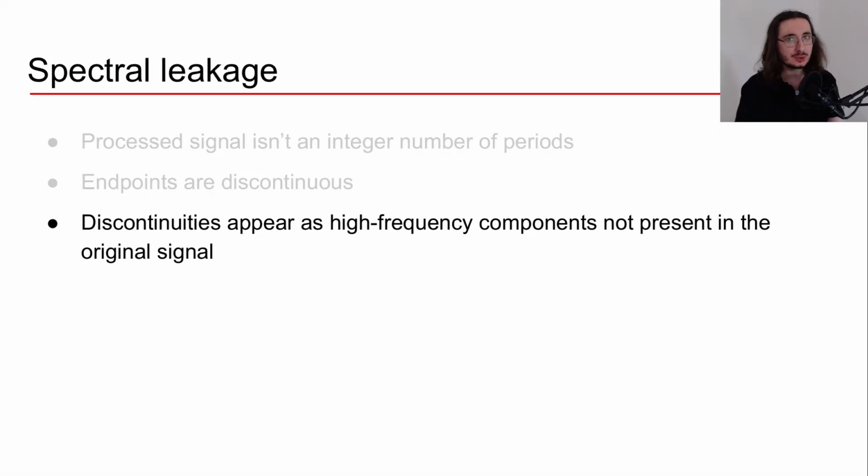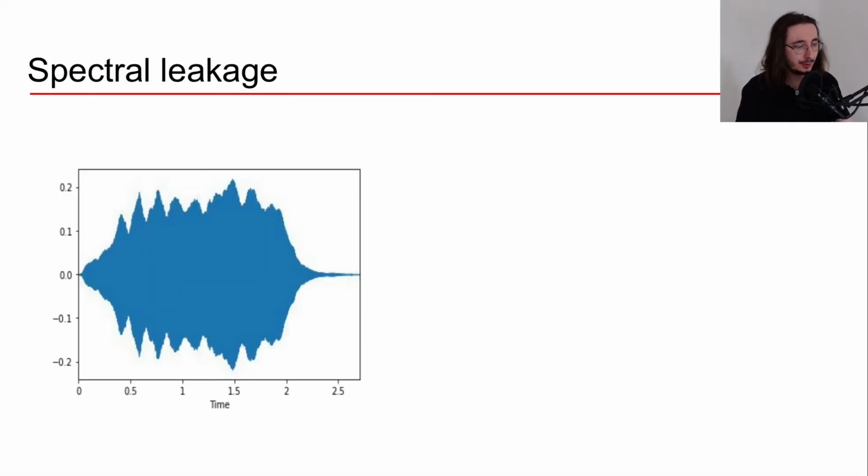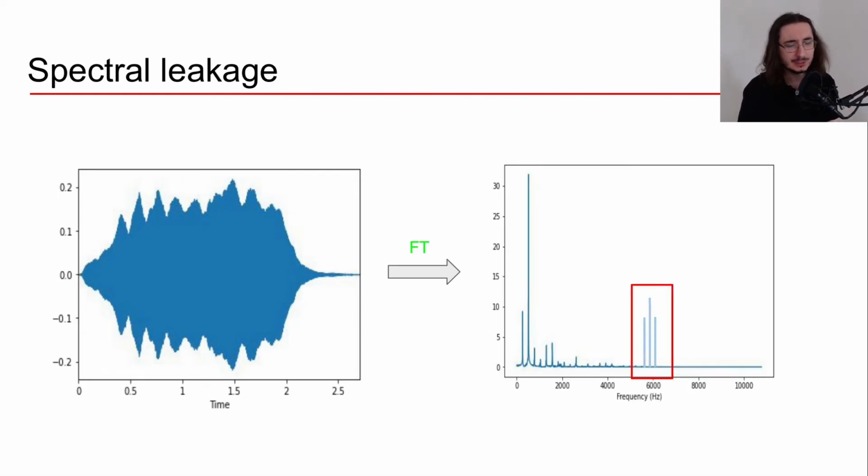So now let's try to visualize this. We are here in the time representation. We apply the Fourier transform and we get our spectrum, or the frequency domain. And here we may have higher frequencies which have high contributions, like here in this red box in the spectrum in this slide.